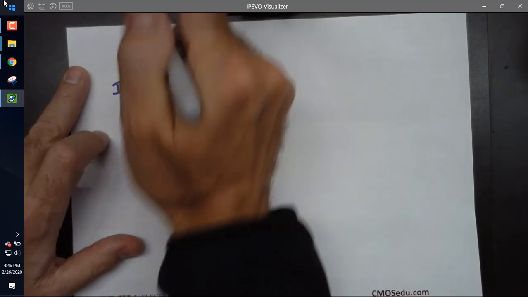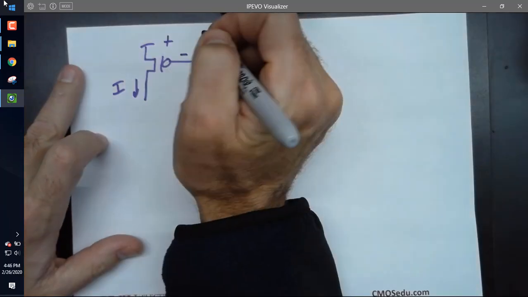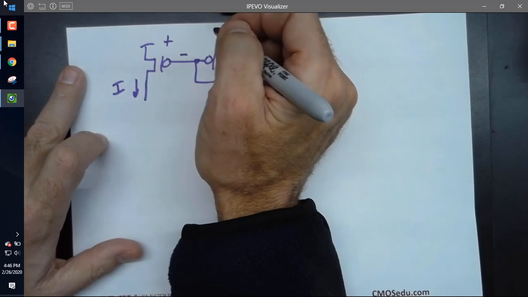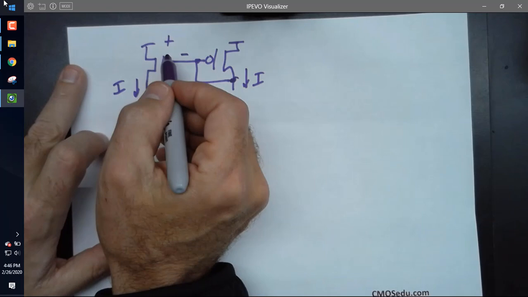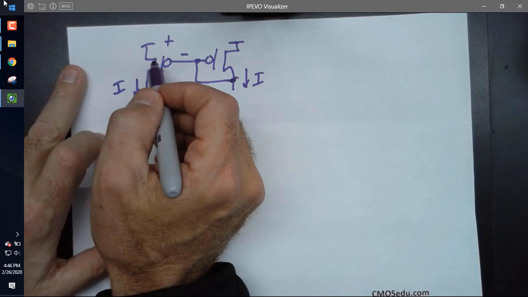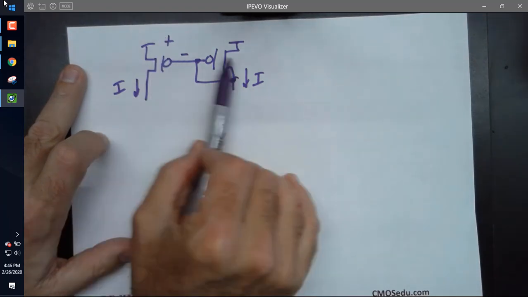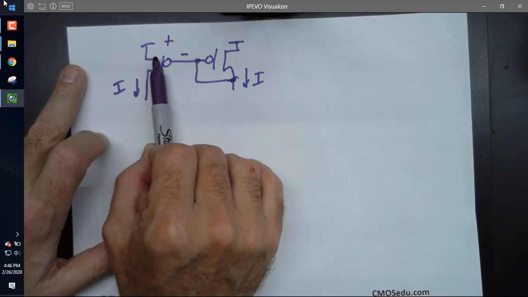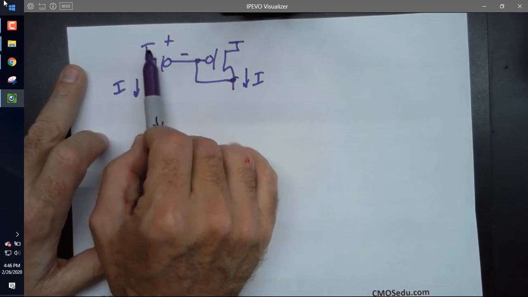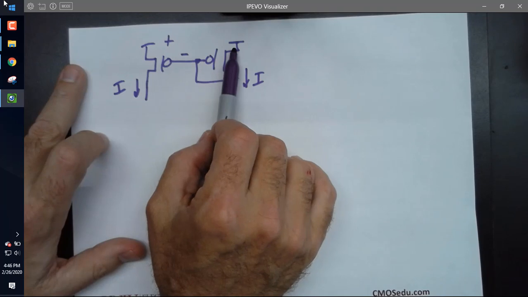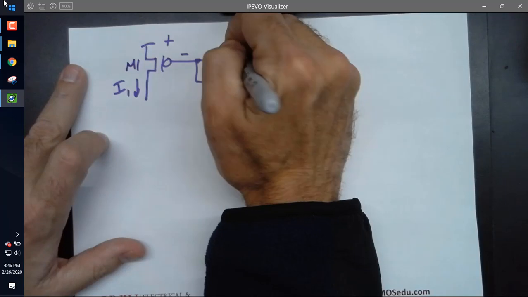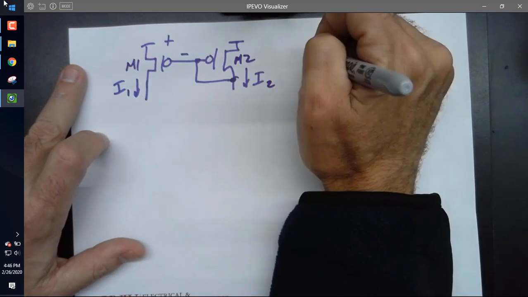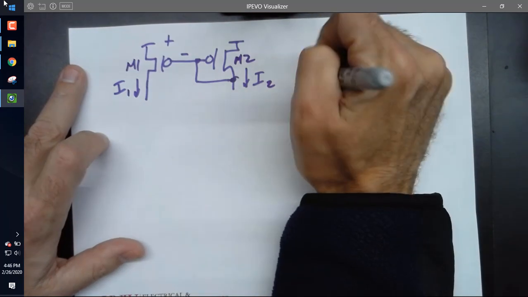Why? The source to gate voltages can be changing all over the damn place, right? The threshold voltage could be varying, the mobility could be varying, but that's not what matters. They're all changing together. This threshold voltage and this threshold voltage change together. This mobility and this mobility change together. Prove it. I will. M1, M2. So let's do I1 over I2.